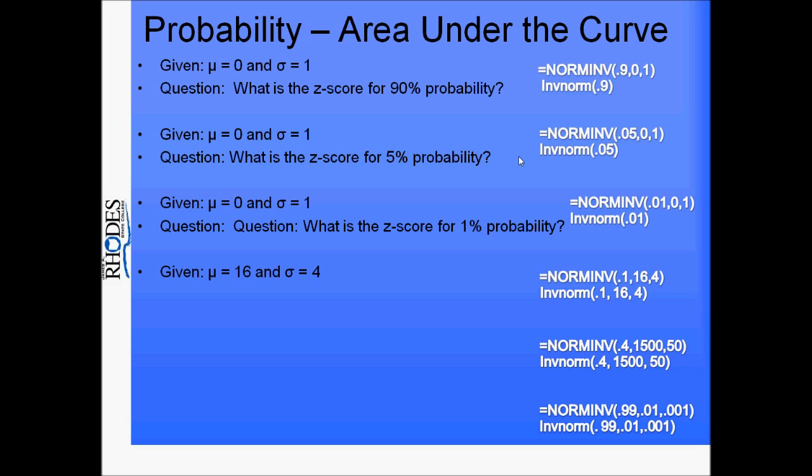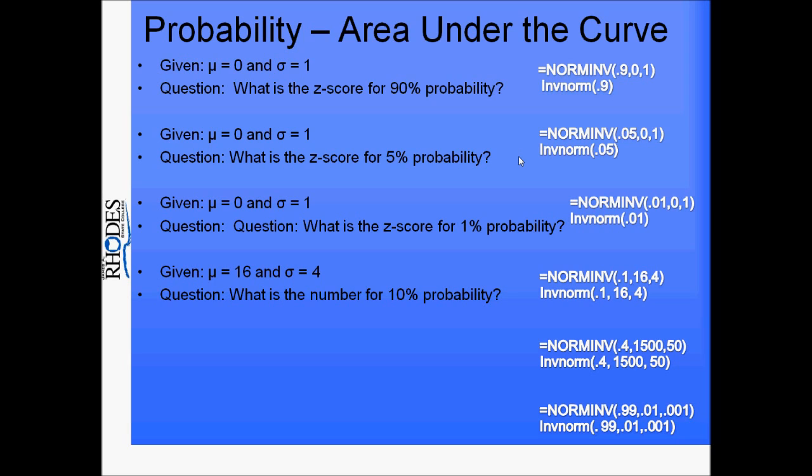Okay, now we're going to switch it up a bit. Now instead of assuming the standard normal curve, you're going to have your mean of 16 and your standard deviation of 4. So you've got to be conscious of that. Now the question is, what's the number for the probability of 10%? Well, you have to do inverse norm again, but it's going to be inverse norm of 0.1 and then comma.